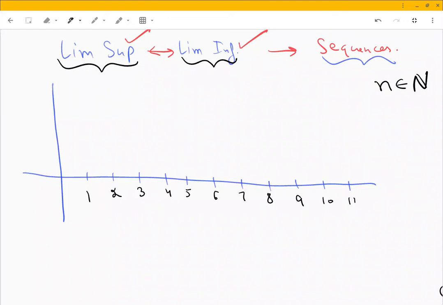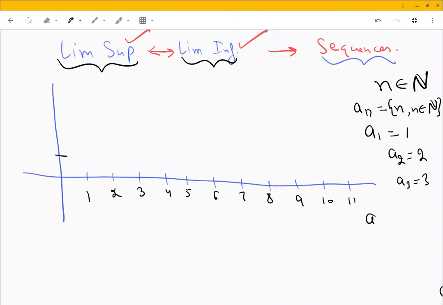So, a sequence of natural numbers. Let's take A_n as the sequence n, where n belongs to naturals. So A1 is 1, A2 is 2, A3 is 3.